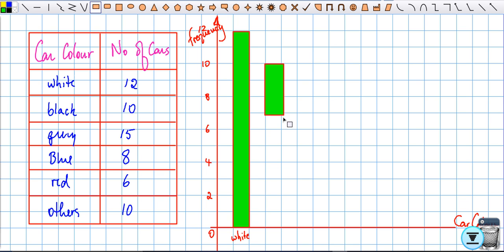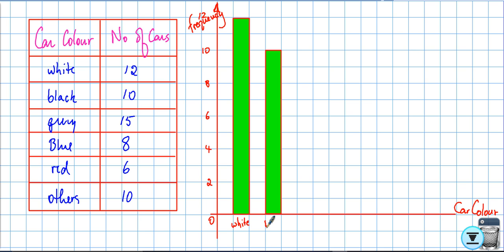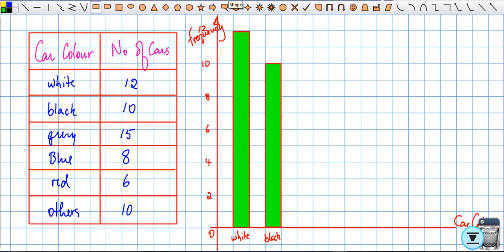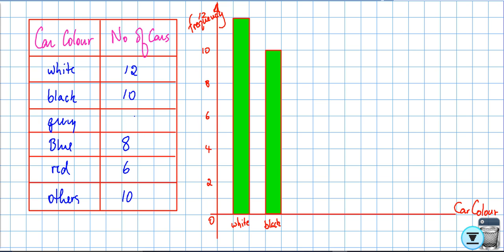I'm going to leave a space. I'm going to redo it to be accurate. So this is black. We had 15 cars. I didn't see that. I'm going to erase that and say 5.